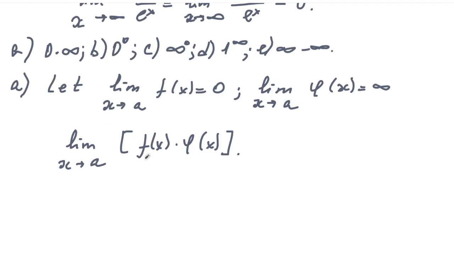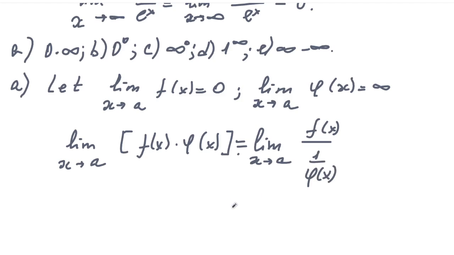If the required expression is rewritten as follows, limit as x approaches a of f of x times phi of x is equal to limit as x approaches a of f of x over 1 over phi of x, then as x approaches a, we obtain the indeterminate form 0 over 0, and we can use the rule of L'Hopital.